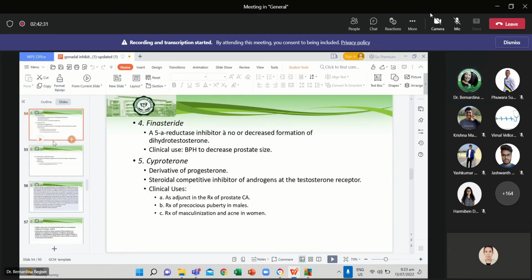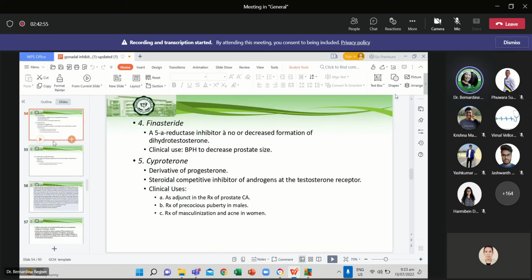Finasteride is a 5-alpha reductase inhibitor and decreases formation of dihydrotestosterone. Clinical use of finasteride in BPH. What is BPH? Benign prostatic hypertrophy, to decrease prostate size.